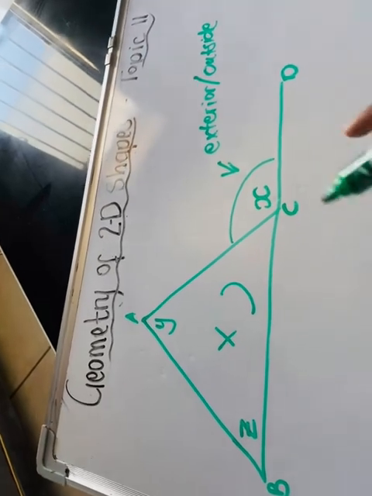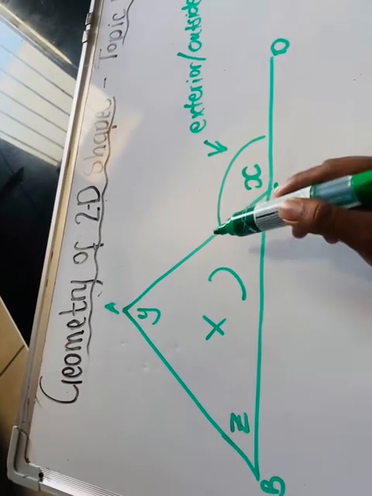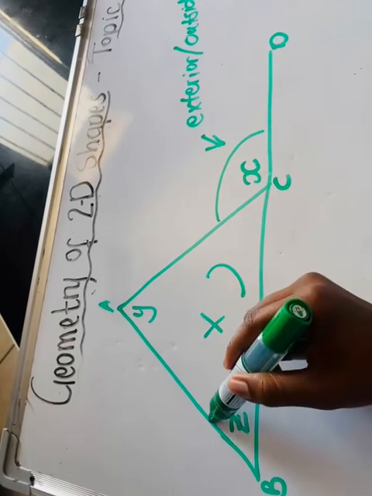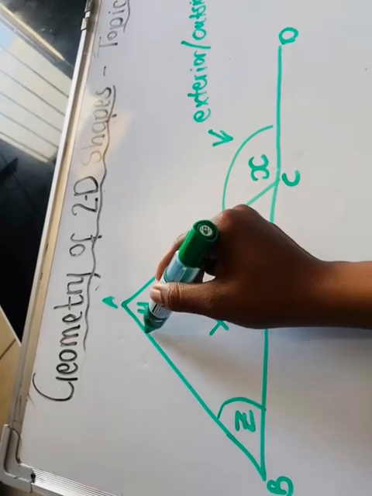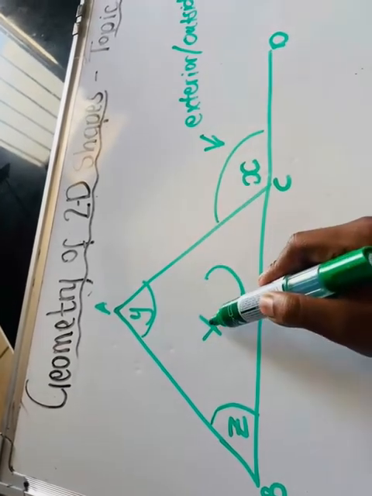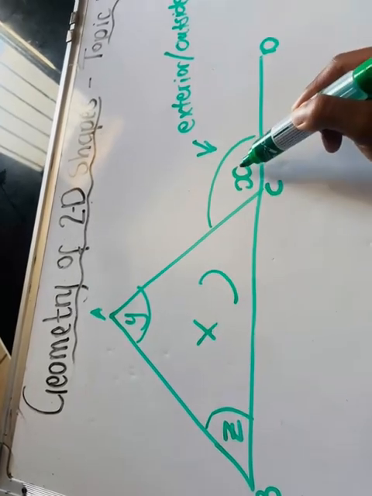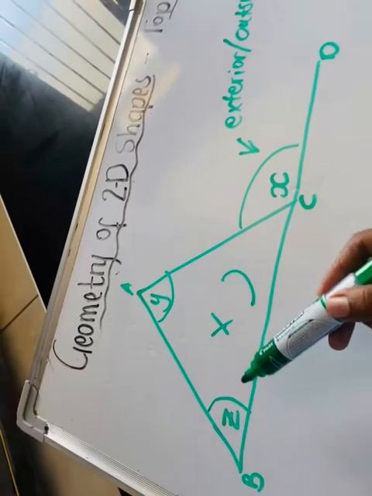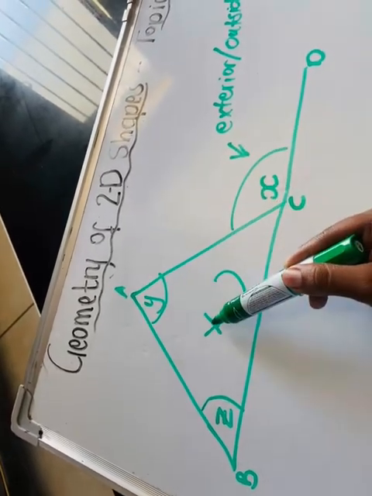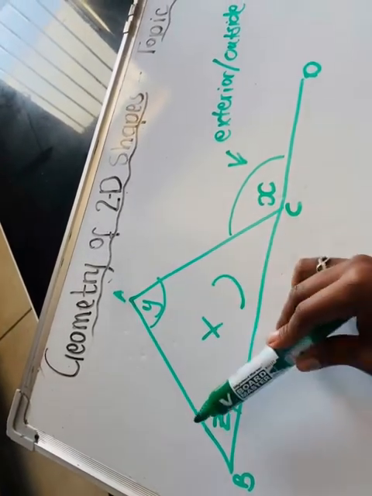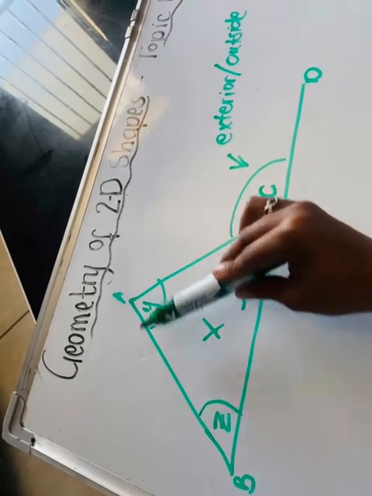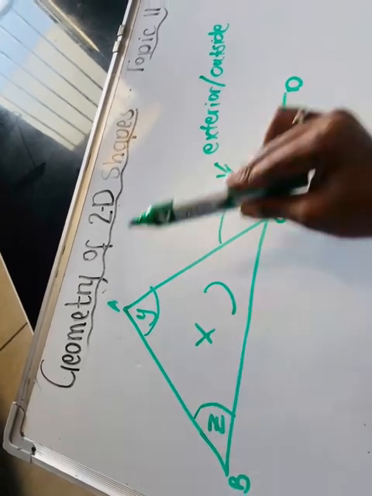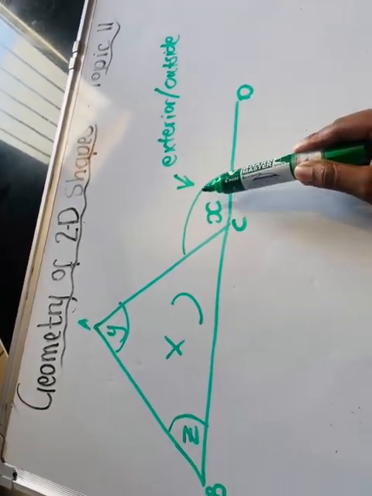So what happens with this, it means that this angle here and this angle here, we must add them and they must give us the exterior angle of a triangle. So it looks like a face with two eyes and a nose and a mouth. So we add the sum of the two interior angles of a triangle to get our exterior angle.